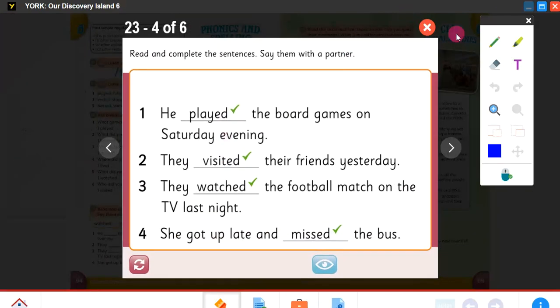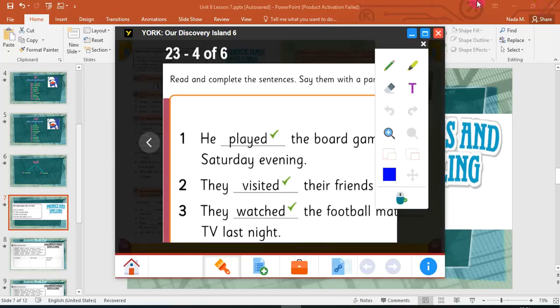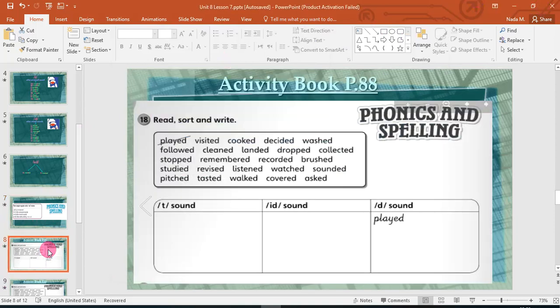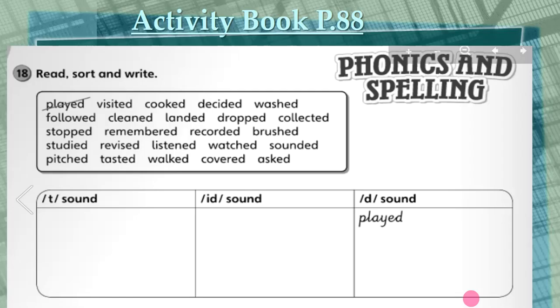In your Activity Book, page 88, read, sort, and write. We have here verbs ending with ED, and you are going to sort them according to their sound. The one that ends with the t sound, you put in the first column. The one with the id sound, you write here, and the d sound will be here.